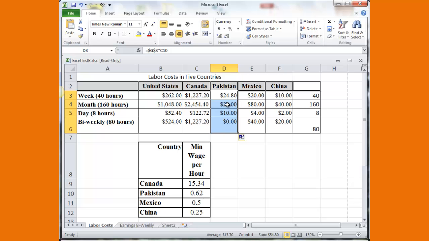So let's look at the formula and see what happened. Well, the formula shows G3, which is right here, is the cell that has stayed the same.